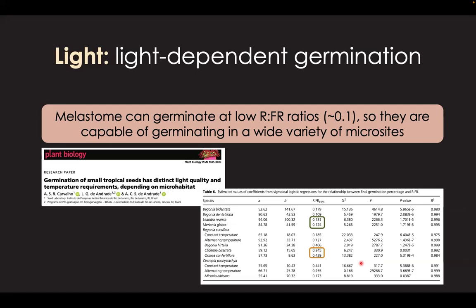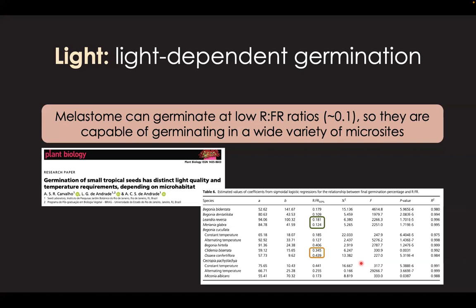If you are in a gap and there is no vegetation above you, light is not being filtered by any sort of vegetation. So you are receiving, let's call it, a pure light with a lot of red wavelength and not that much far red light.